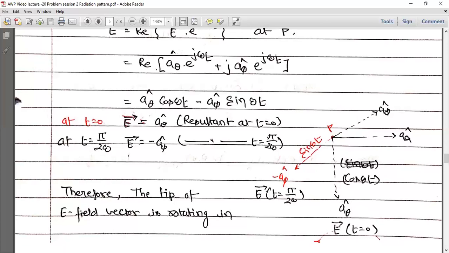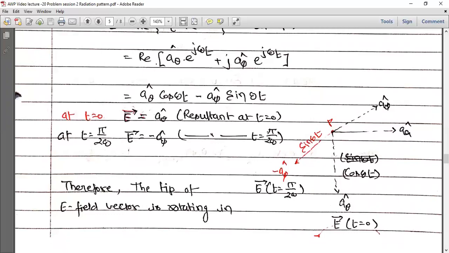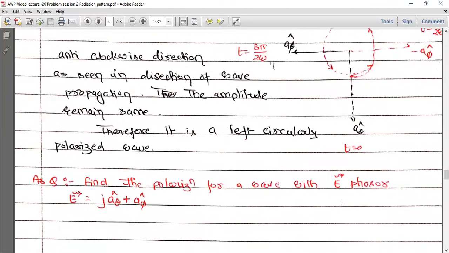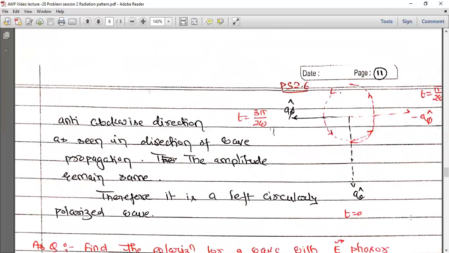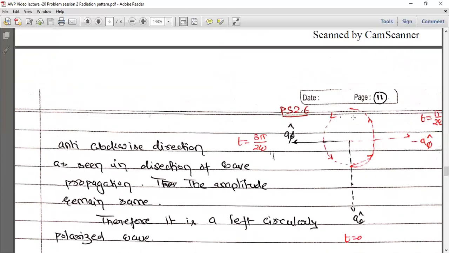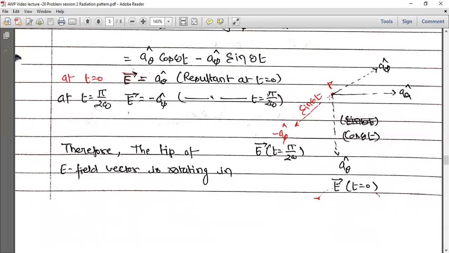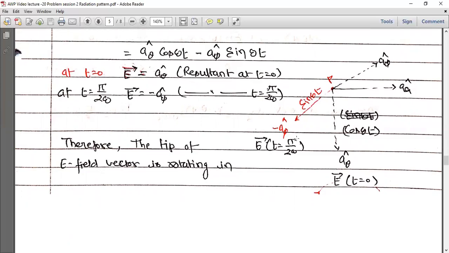When you see from the observer end, looking in the direction of wave propagation, the rotation looks like this. This is the direction a phi. You can compare these two figures. When the observer is behind this picture, looking in the direction of a r cap, minus a phi cap will be on the right hand side.